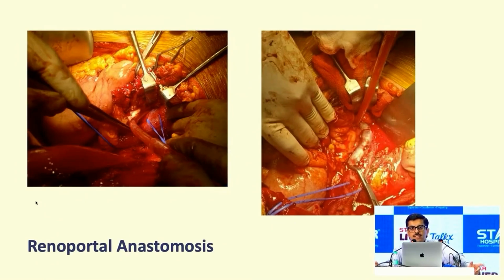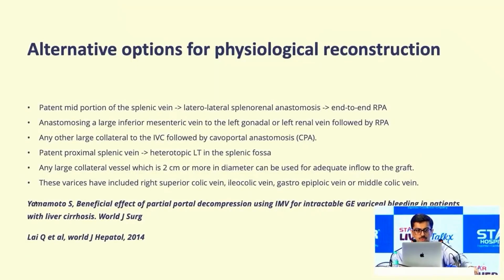Although there is an entity described as a siphon effect that can happen if you use a renal vein, the collateral slowly, gradually, but that is playing with luck. It might happen, might not happen, and these patients might end up not doing so well. So these are some of the alternatives. Whatever we have done till now is physiological, where we are able to divert the splanchnic flow to the liver.